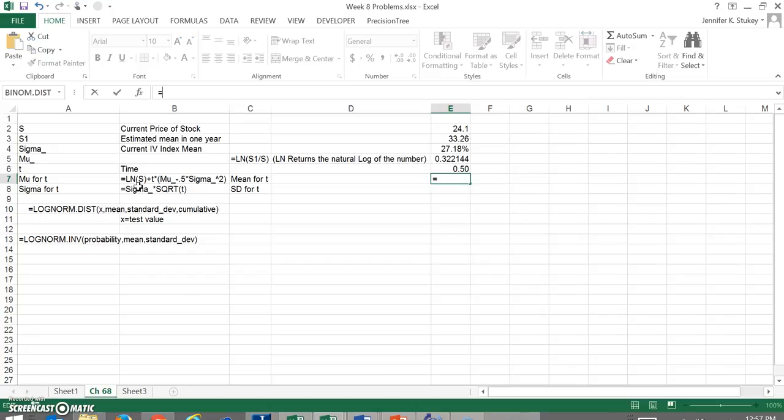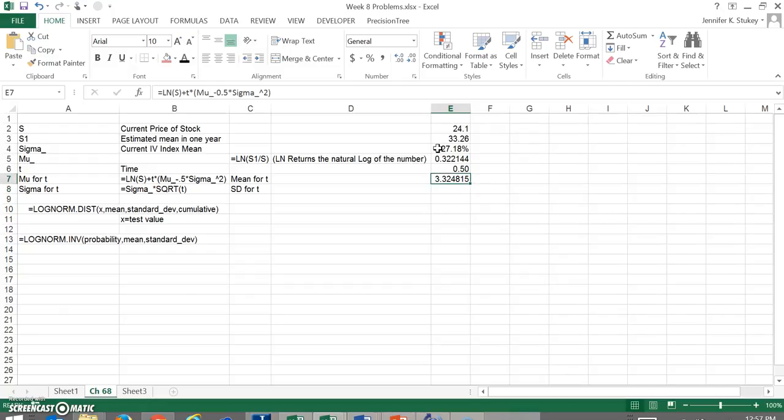We start our formula with an equals and then ln, and then our S, which is the current price of the stock, plus our time, which is 0.5 for half a year, times, and then open parentheses, our mu, which is this 0.32, minus 0.5 times sigma, which is our current IV index mean, squared.